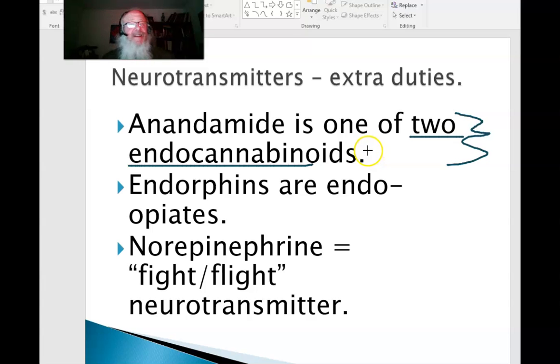Anandamide is one of like 120-something active chemical ingredients that we have so far identified in cannabis, in stuff that the cannabis plant grows. Endorphins are endo-opiates.